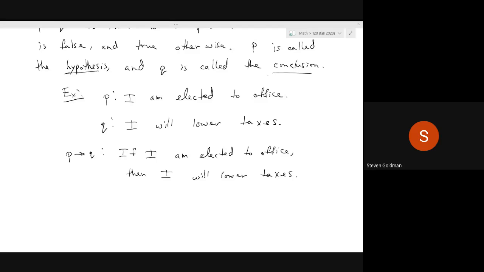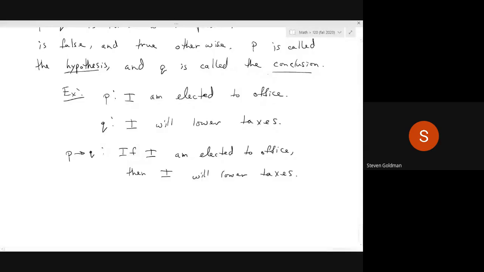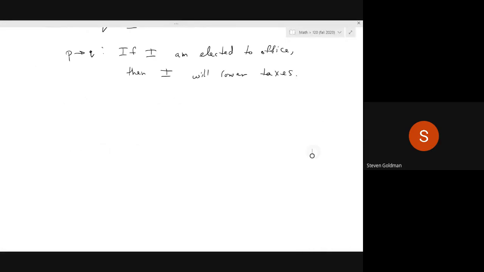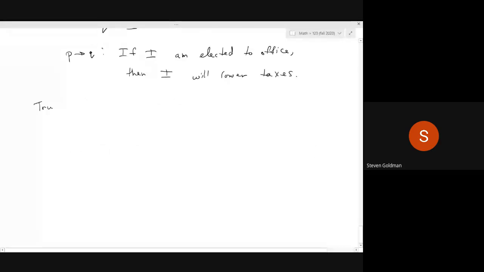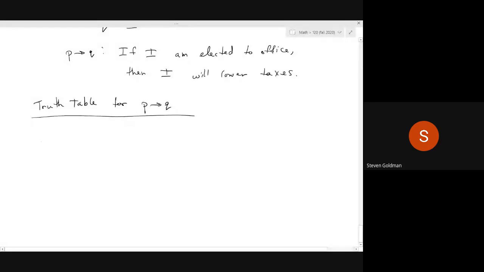All right, so let's write out the truth table for conditional statements. Again, I have two variables, P and Q, four possibilities.